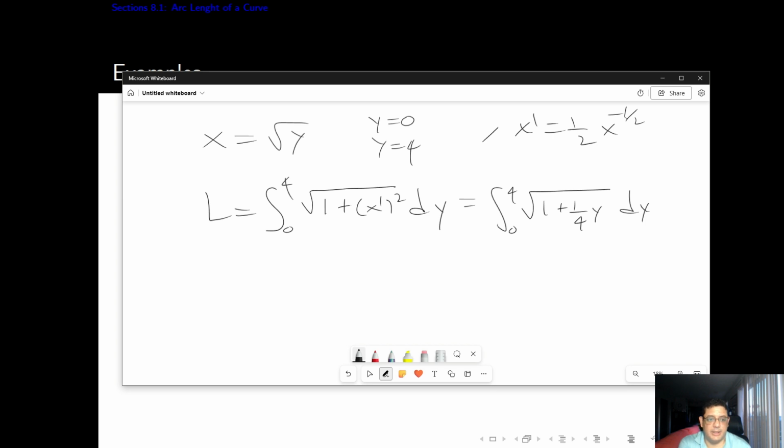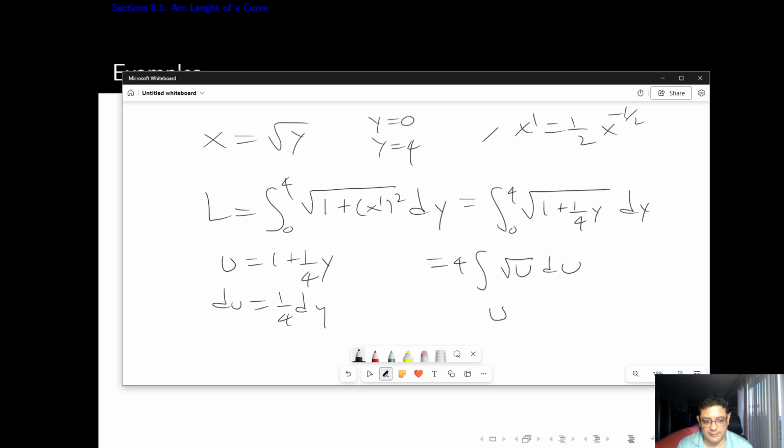All right, and again, this is another substitution case. u equals 1 plus 1/4 of y, and du is just 1/4 dy. So this integral is 4 times the square root of u du, and we're going to forget for a second about the limits of integration to go back to the original variable.